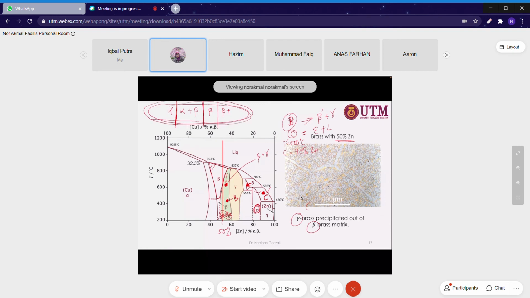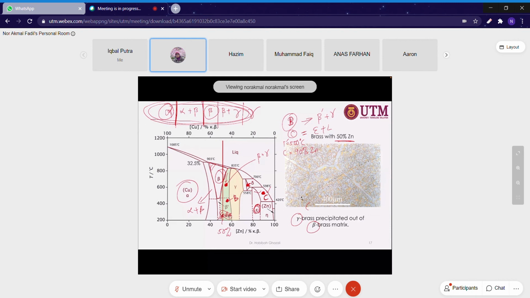So this is why they come up with this conclusion. Okay, first, if you have a single phase, the next will be the mixture between two single phases. One is alpha, another one is beta. The next will be the mixture between two single phases, which is, for example, gamma. So that's why they come up with beta plus gamma. So here, this is a single phase, and this is a mixture of alpha plus beta.